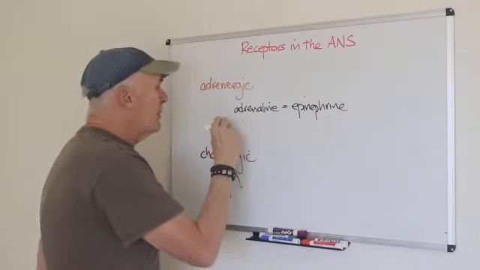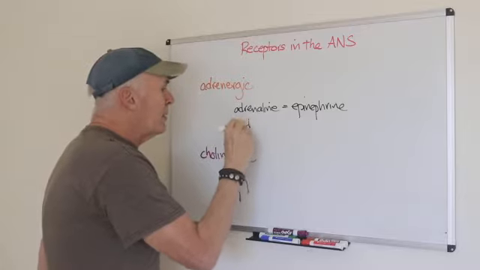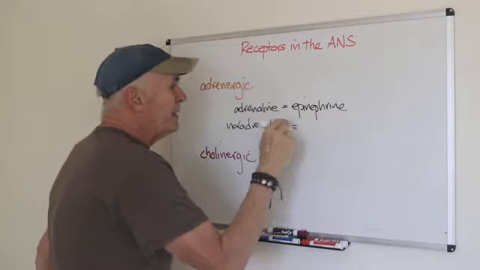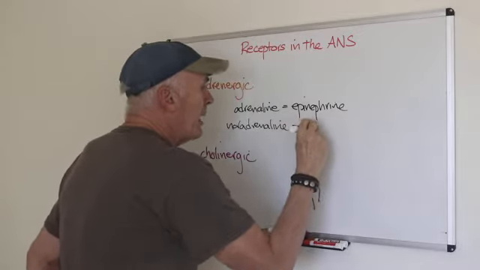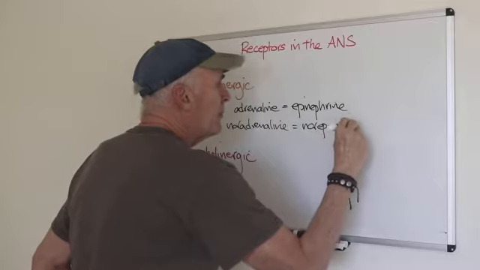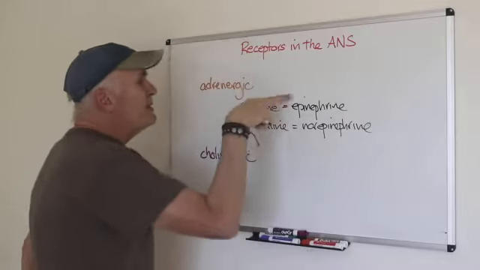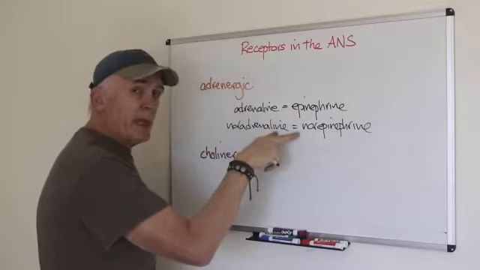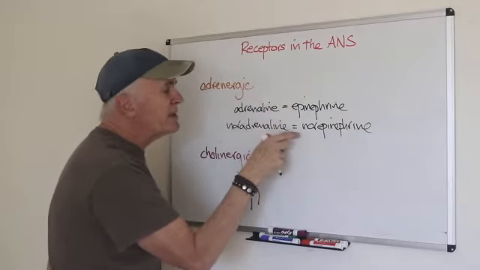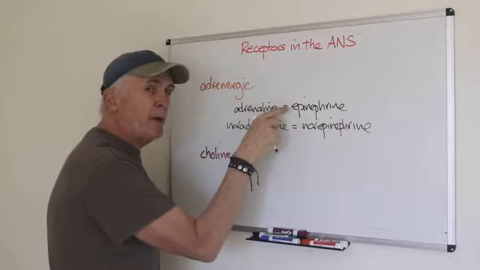Now, noradrenaline is a very similar molecule to adrenaline. And noradrenaline can also be called norepinephrine. So these two are exactly the same, these two are exactly the same, and these are extremely similar to this. This is just a slightly different version of this molecule.